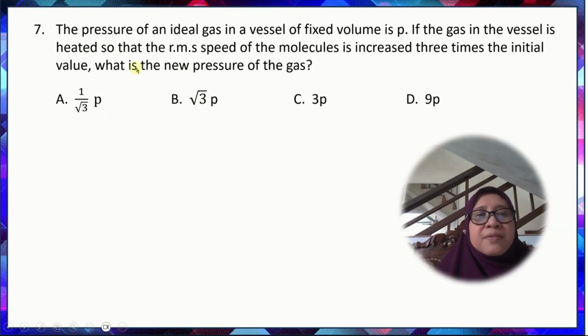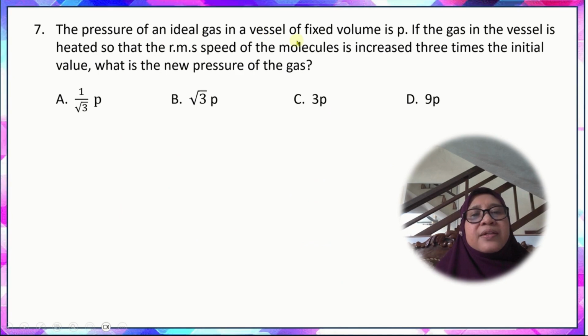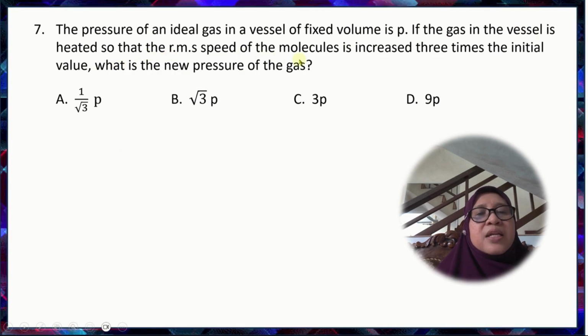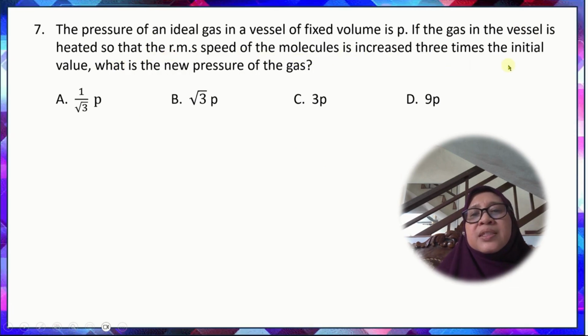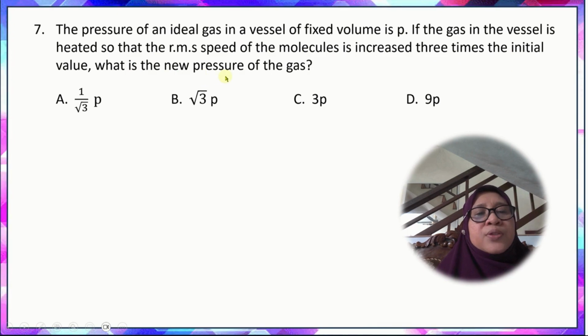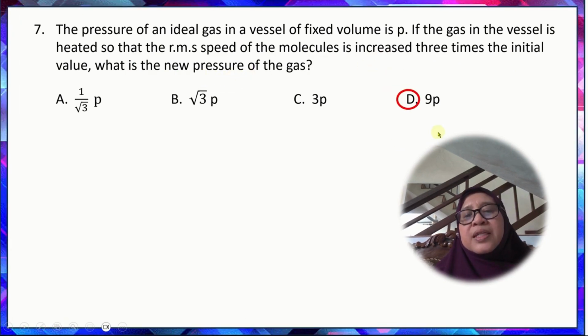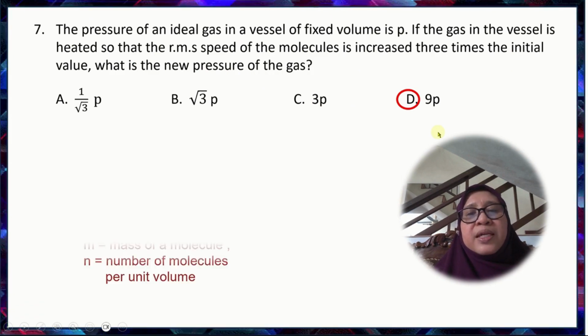Okay, question 7. The pressure of an ideal gas in a vessel of fixed volume is P. If the gas in the vessel is heated so that the r.m.s. speed of the molecules is increased 3 times the initial value, what is the new pressure of the gas? The answer is 9P. How do we get this answer?